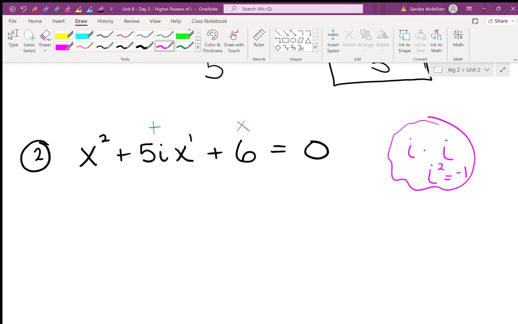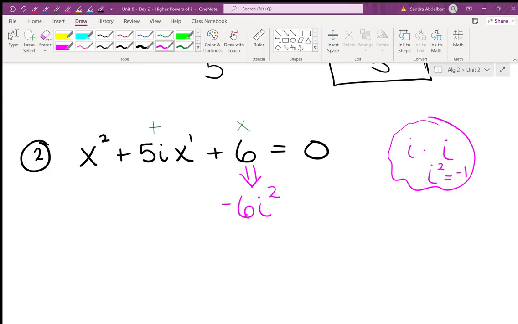So to make this 6 into an i, it's going to have to be -6i squared without changing the value, right? Because i squared is -1. -1 times -6 gives us that +6. So this is how I can write 6 with an i without changing its value. Are we all okay with that?